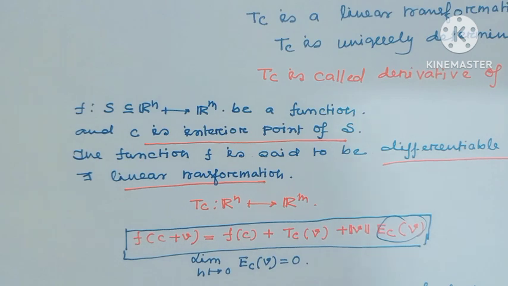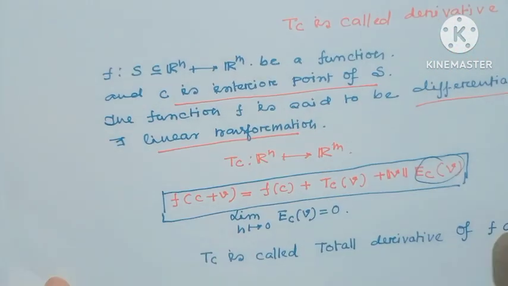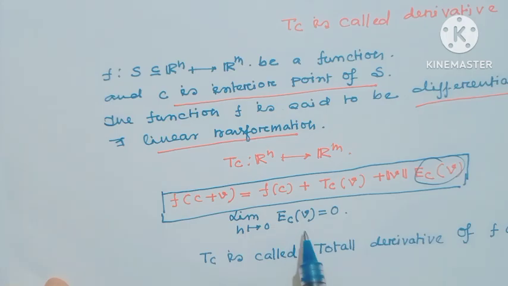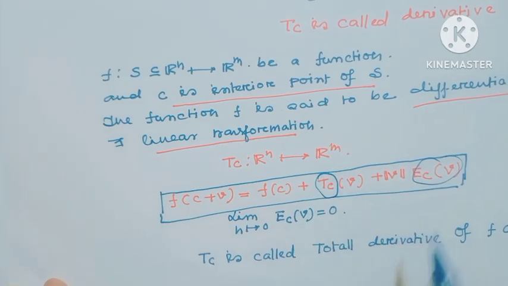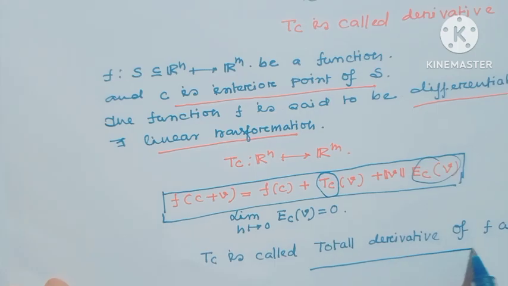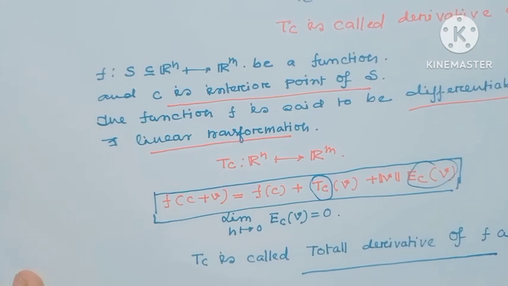In my previous video I had seen this elaborately, and limit v goes to 0 of E_C(v) equals 0, and this T_C is called the total derivative of the function f at the point C.